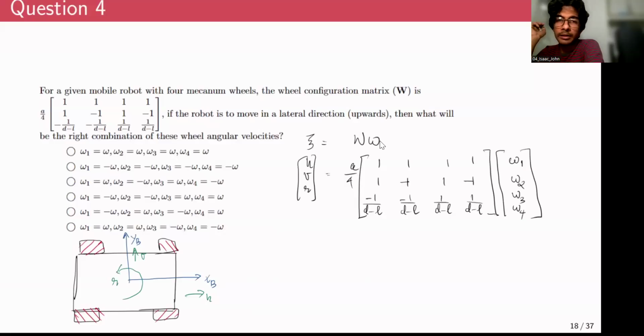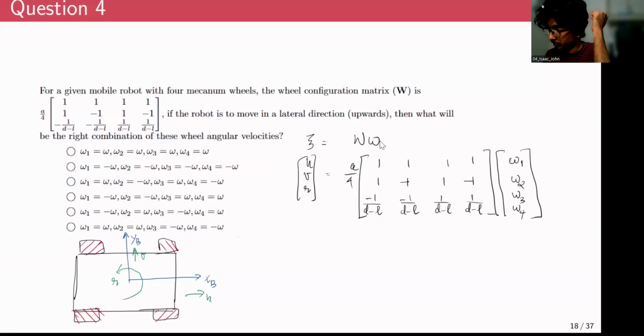So how do you interpret the question? It says the robot moves in the lateral direction, or in this direction. Upward means it goes along the positive YB axis. If the robot moves only in the lateral direction, and that too along the positive Y axis, what information can you gain from it?